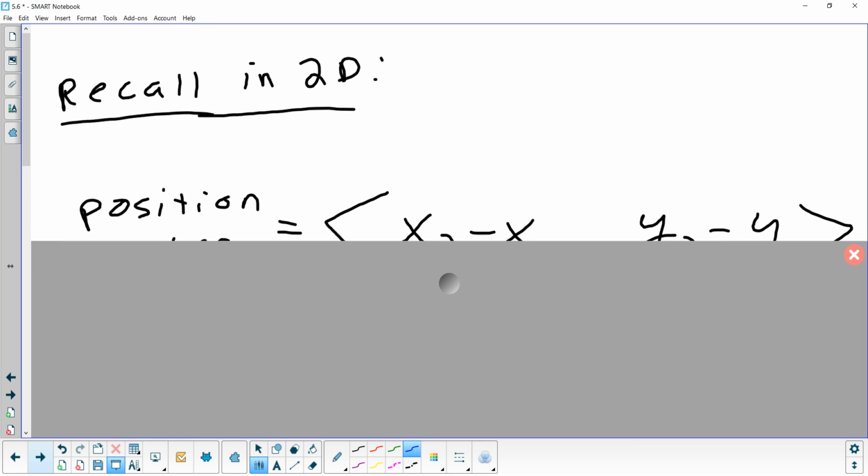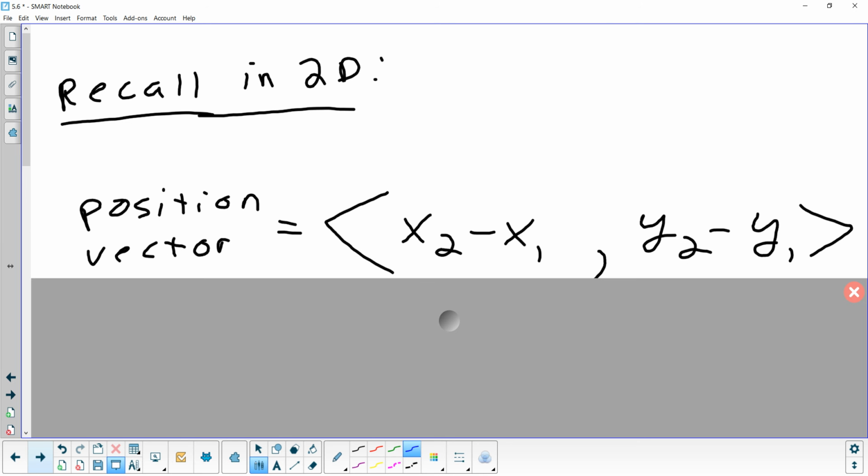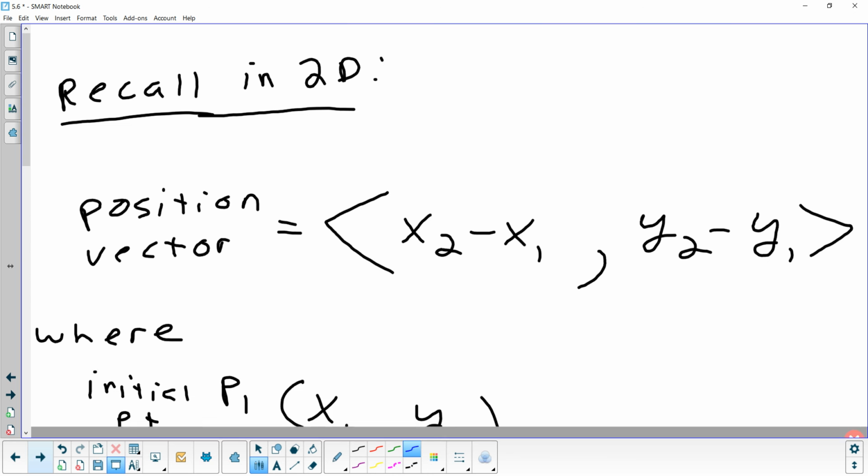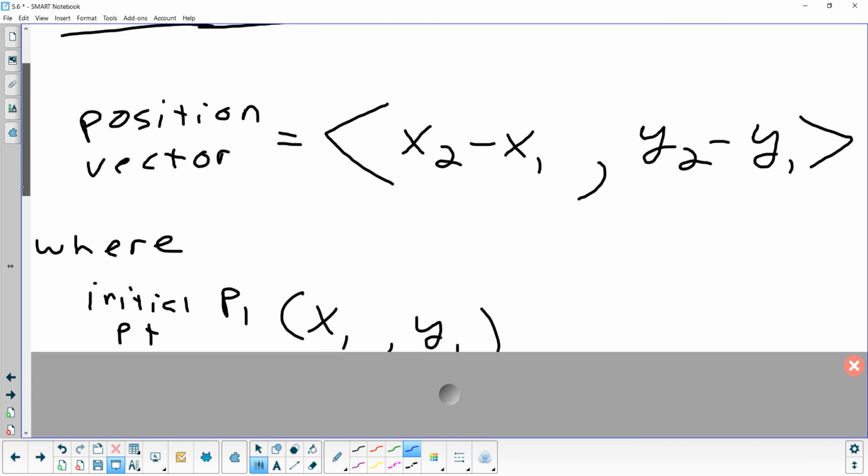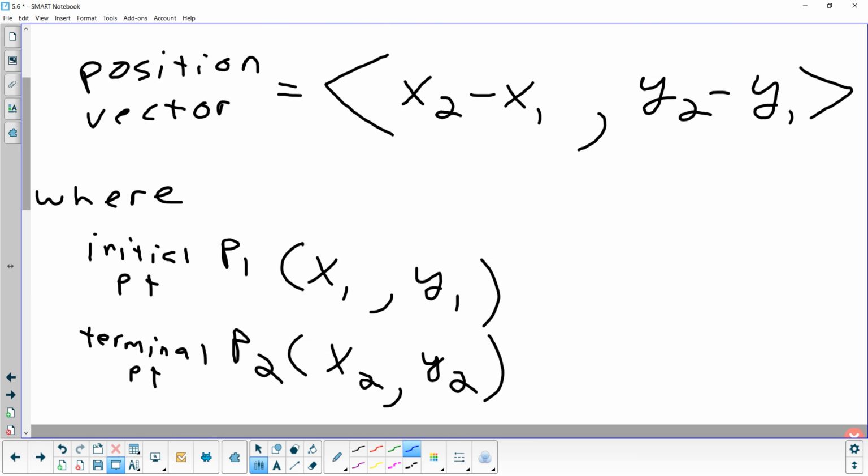All right, so 2D. If you wanted to find the position vector in 2D, you had to do the terminal point minus the initial point. So this is in 2D. Your terminal point has an x and a y value. Your initial point has an x and a y value.